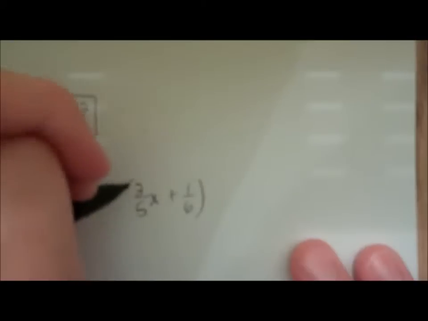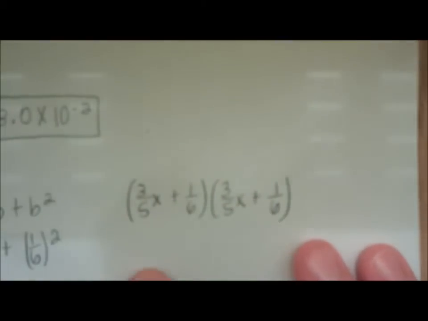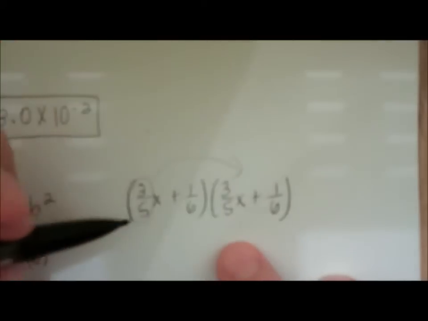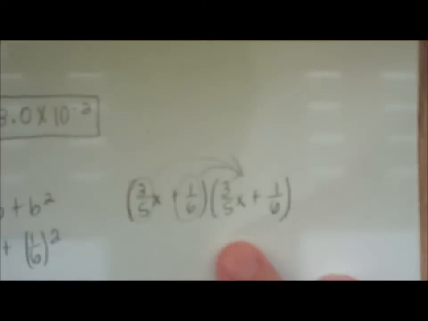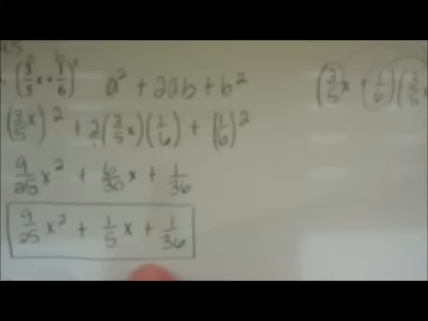You can always rewrite it as 3/5 x plus 1 over 6 times 3/5 x plus 1 over 6. And you can solve it just how we solved number 1 and 2, where you take this one, multiply it by the entire parentheses, take this one, multiply it by the entire parentheses, and distribute. Eventually you'll get the exact same answer.